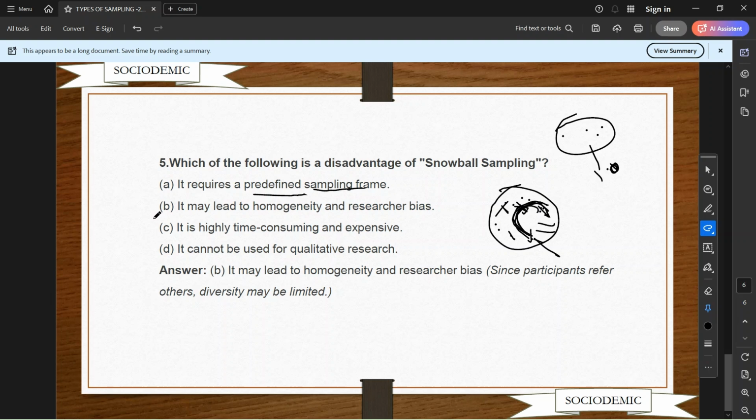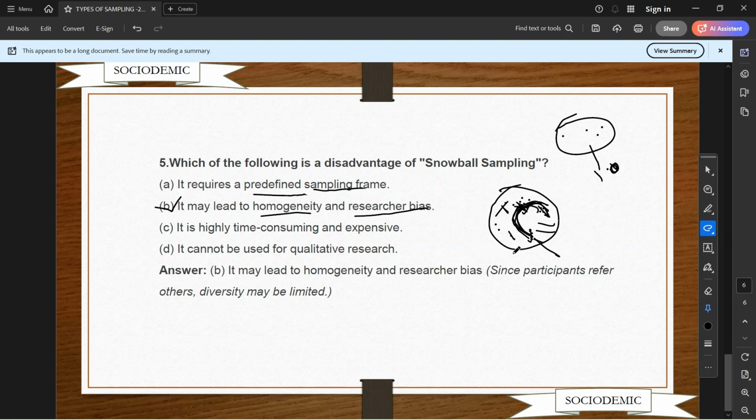It may lead to homogeneity and research bias. Yes. Why? Because this respondent refers to this respondent because there is a relation of the same characteristics between these two, and this respondent refers this respondent because there are similar characteristics between these two. Because of that it becomes homogeneity, same characteristics, and researcher bias.